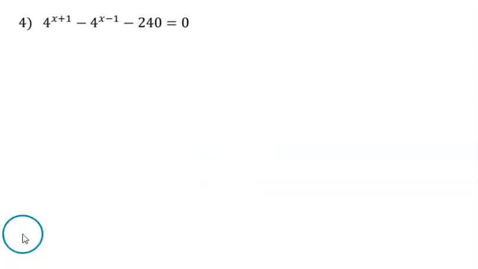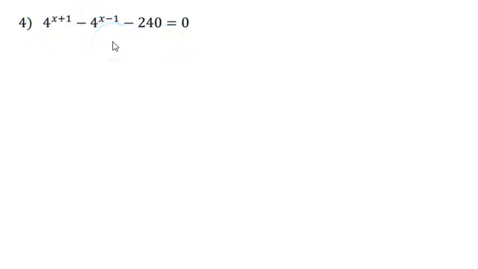Let us look at the next example, in which case we see we have a 4 to the something and another 4 to the something and just a regular number here. We can group the 4 to the power of something on the left-hand side and take the 240 to the right-hand side. But let us factorize the first two terms here.